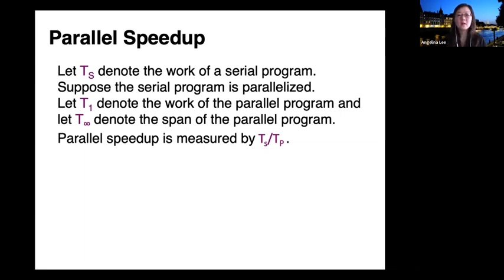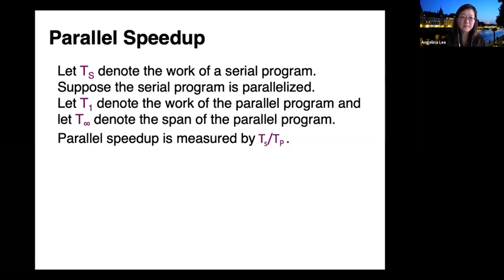We call that program the serialization. So let T_S denote the total amount of time it takes to execute that serial code. Then we call T_1 the total time, or the work, to execute the corresponding parallel program. And T infinity, on the other hand, denotes the span of the parallel program.